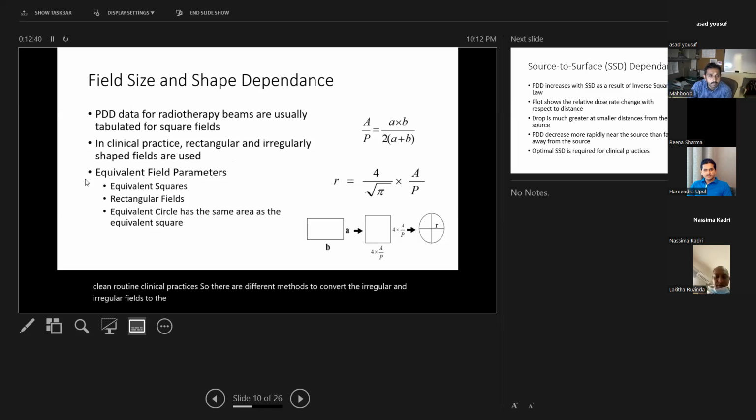This method is called equivalent field parameters. There are certain formulas, like the area to perimeter ratio, which for a rectangular field equals the product of both sides divided by 2 times length plus width of the field. Similarly, an equivalent circle can have the same area as the equivalent square. So you can calculate irregular field equivalency from these formulas.